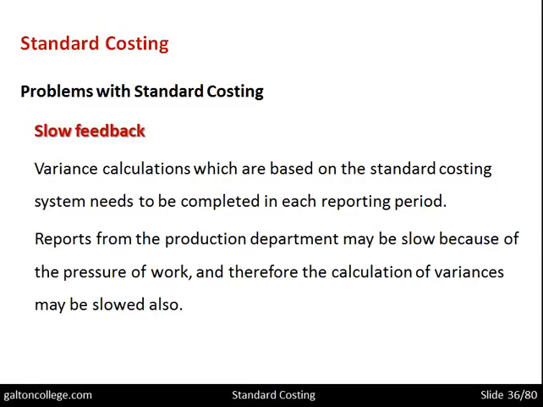So it may be difficult to review all of the standard costs used, but even though it's difficult, every effort should be made to ensure that the standard costs are as accurate as possible. Even though there may be pressure in other parts of the organization for other information or other work to be completed before this, nonetheless, standard costs need to be realigned on a regular basis.